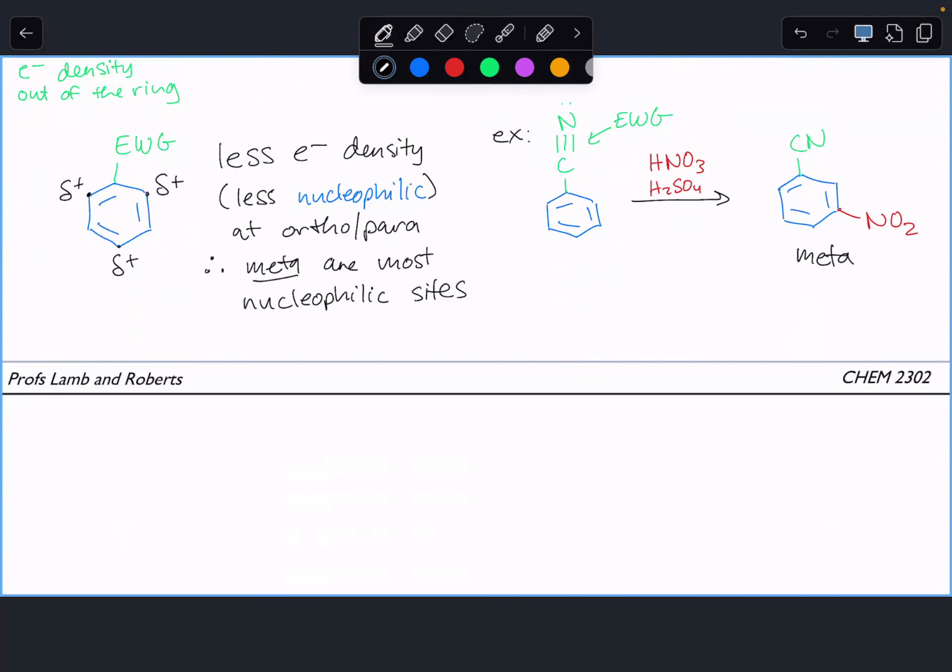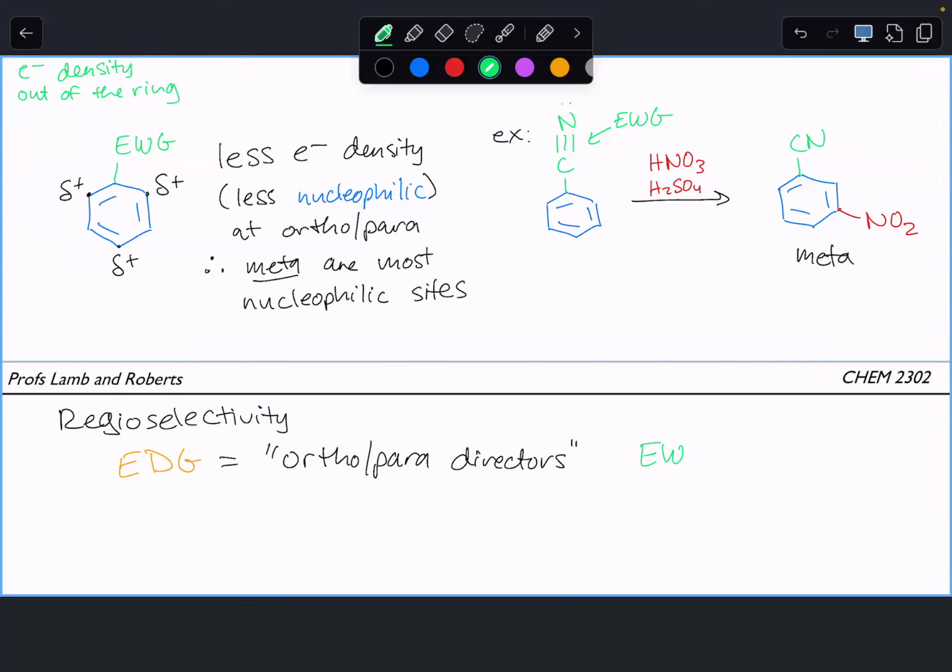So to recap our regioselectivity, if we have electron donating groups, those are going to be ortho-para directors because it directs reactivity at the ortho-para positions.